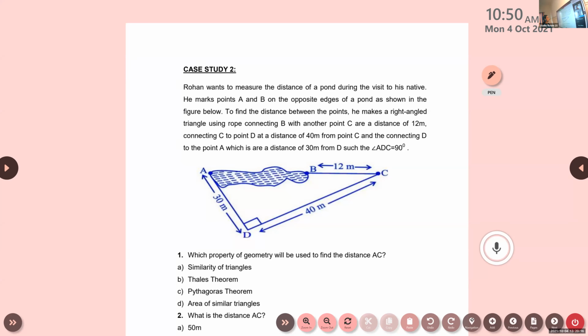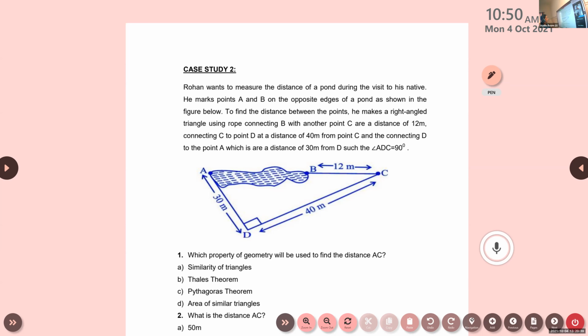To find the distance between the points, he makes a right angle triangle using a rope connecting B and another point C at a distance of 12 meter. Connecting C to a point D at a distance of 40 meter from the point C and connecting D to A, which is a distance of 30 meters, such that angle ADC is 90 degree.